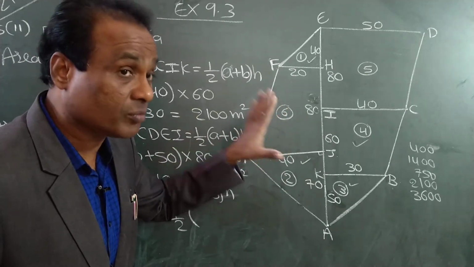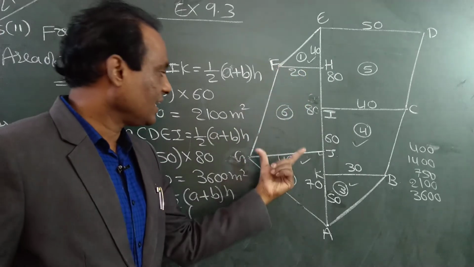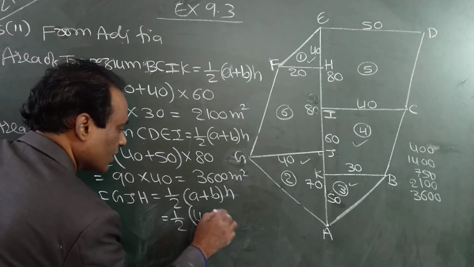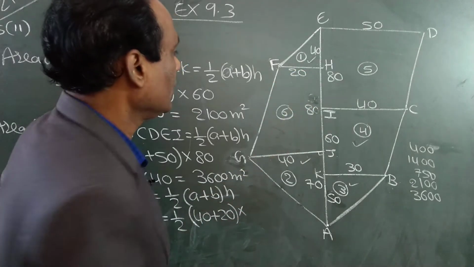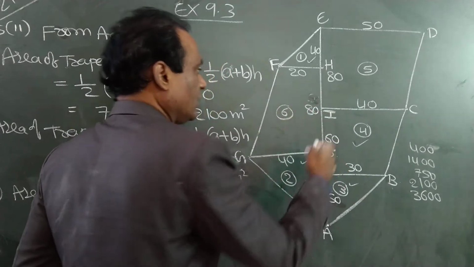Just concentrate on this trapezium. A is 40, B is 20. Height is 80, the distance between the parallel sides.